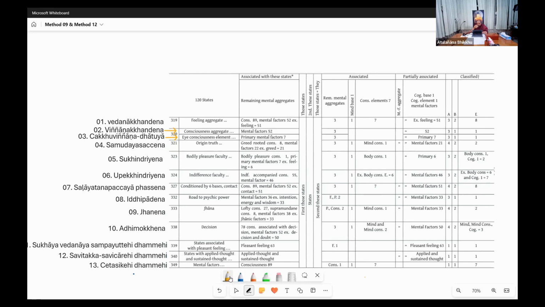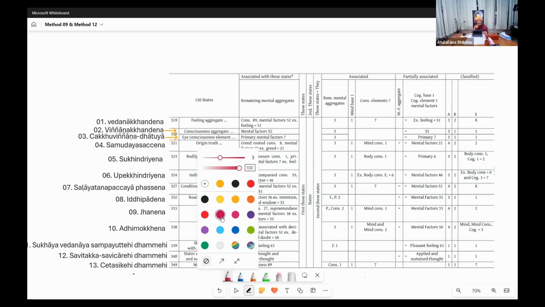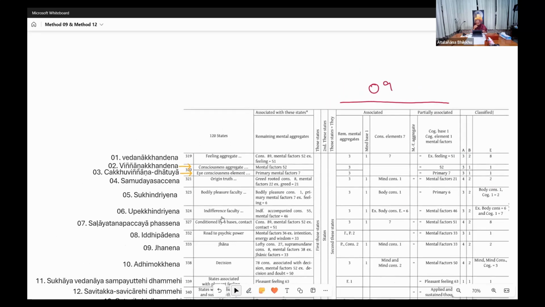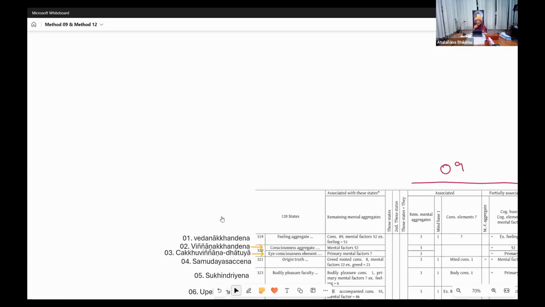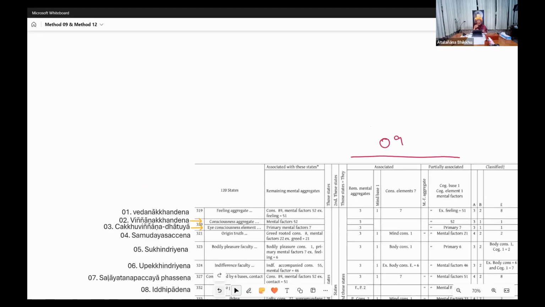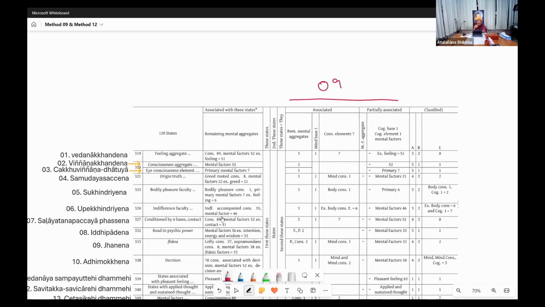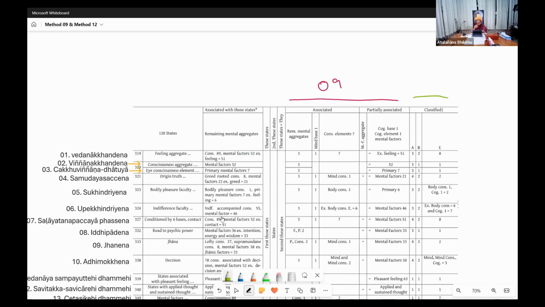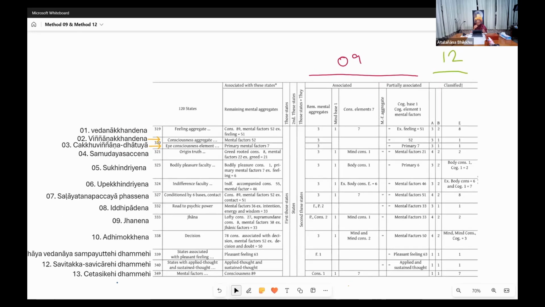I'm sorry, method number 12. So this part is for method number 9, and this part is applicable for method number 12, right? So we are only discussing what is applicable for method number 9.